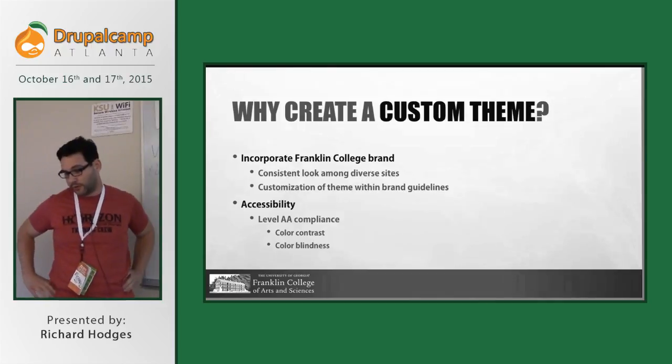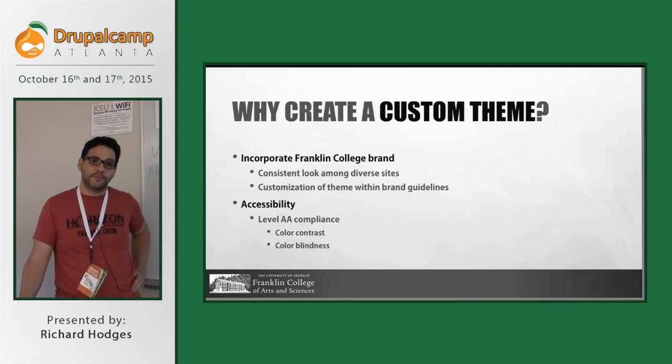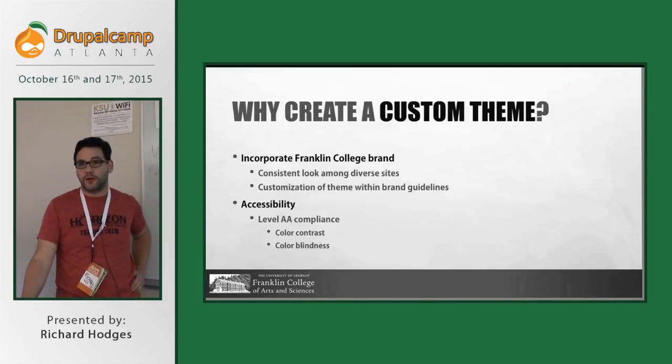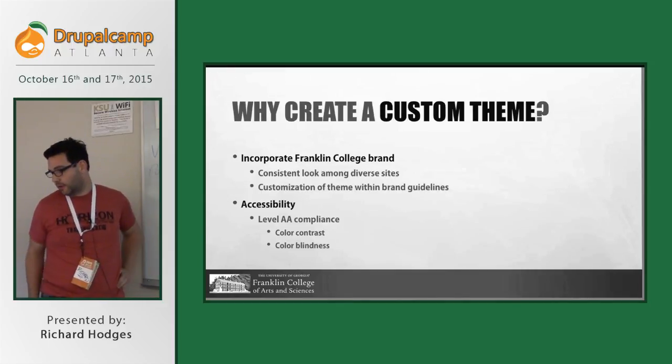As you can imagine, with so many different departments and lab sites, we have different personalities, and they want to customize each site to how they want it to look. We need to get them all on board so that you know that you're within the University of Georgia website, no matter which department you're with.